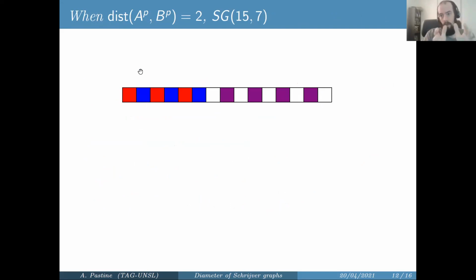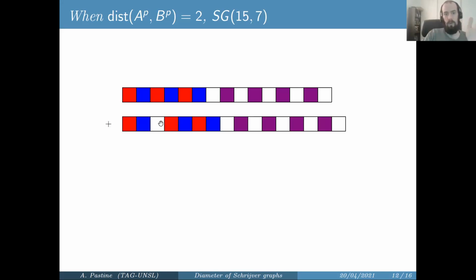Here, what we are going to consider are the blocks of consecutive alternating colors, red and blue, that have length at least 3, and then short type 1 blocks. We're always going to start with a plus operation that takes one of these blocks of consecutive alternating colors and separates the first 2 of those elements from the rest. So what we do is we add a white square here and push everything to the right.